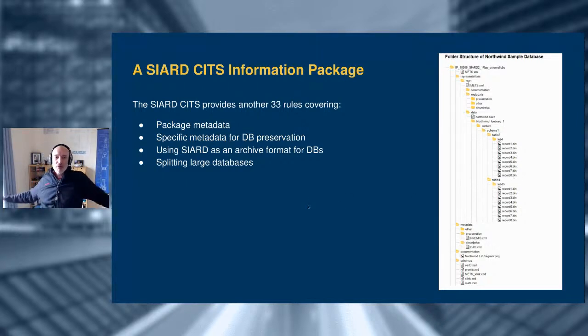The CITS CSIP provides another 33 rules on top of the 180 if you're using the SIP specification, for instance. And these cover general package metadata for databases, specific metadata types for database preservation, using SIARD as an archive format for databases, particularly which SIARD files you should be using and where you should put them, and also some guidance for splitting large database files as well.